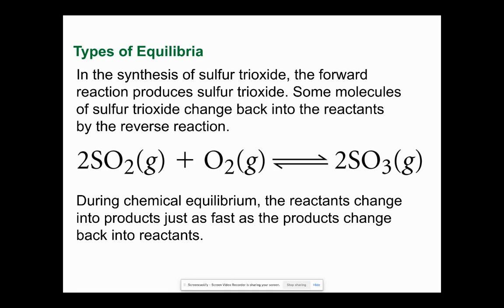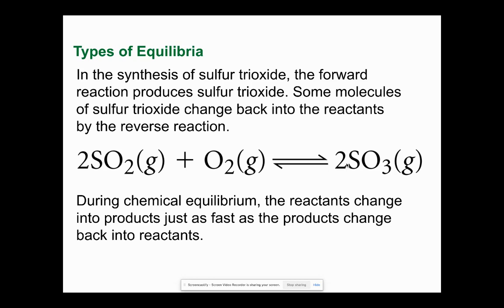In the synthesis of sulfur trioxide, the forward reaction produces sulfur trioxide. Some molecules of the sulfur trioxide change back into the reactants by the reverse reaction. So here we have two molecules of sulfur dioxide, and then we add an additional molecule of O2, the diatomic version of oxygen, and they're a gas.